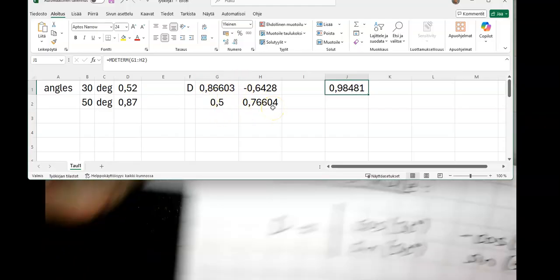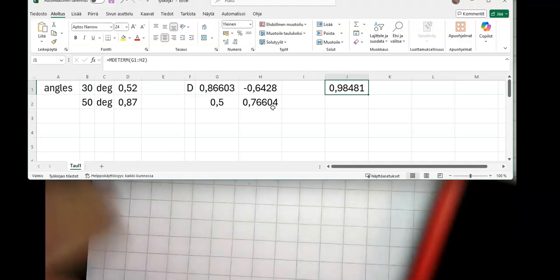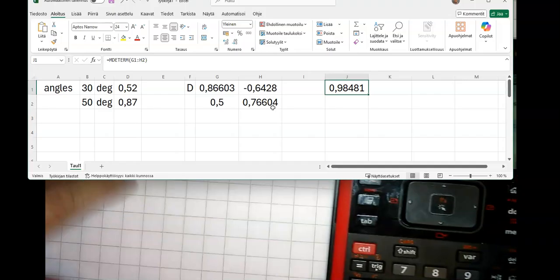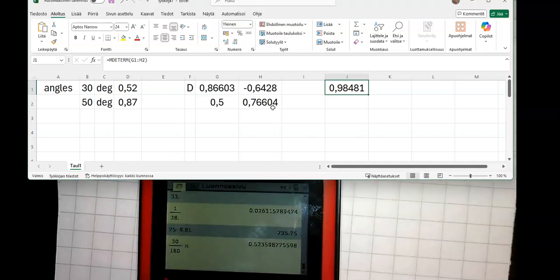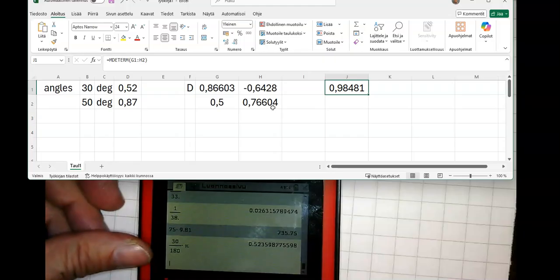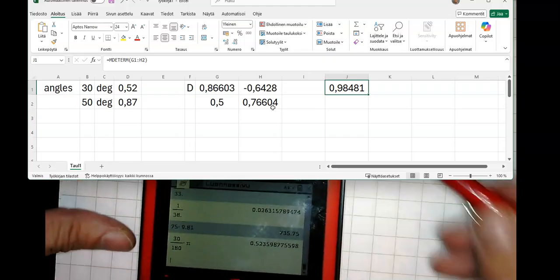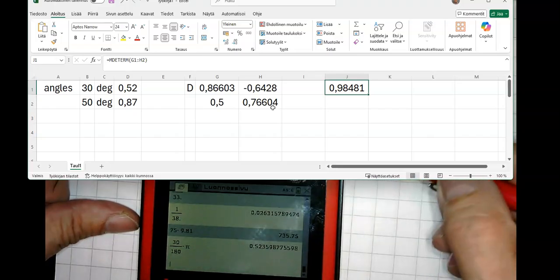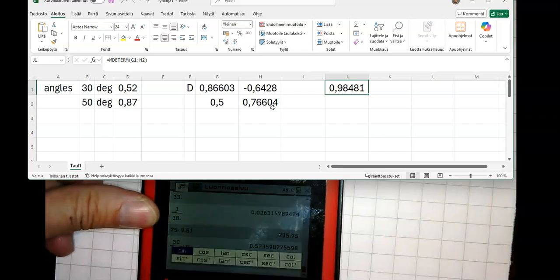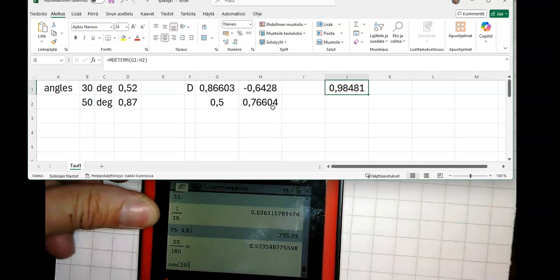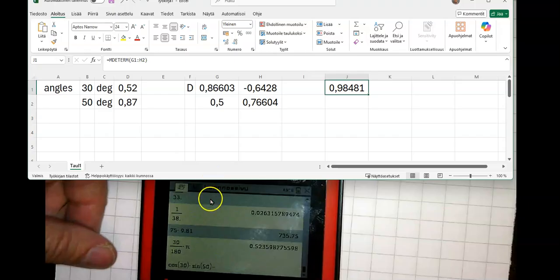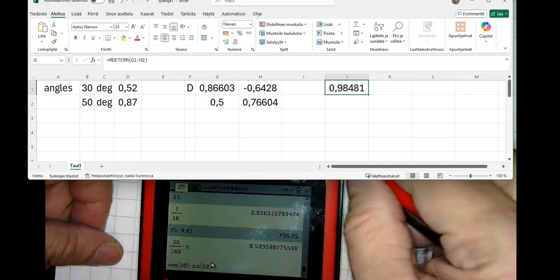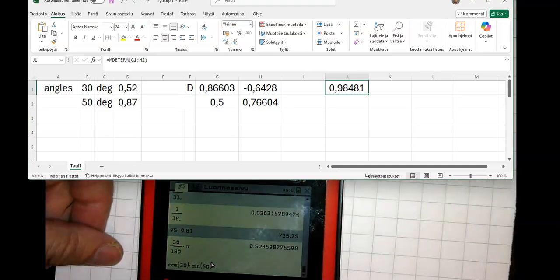Of course, we could also calculate that by hand or with the help of calculator. I will do that to see that this gives exactly the correct one. The determinant of these four numbers, I multiply these to cosine 30 times sine 50 minus, and then I multiply these two, sine 30 and minus cosine 50.